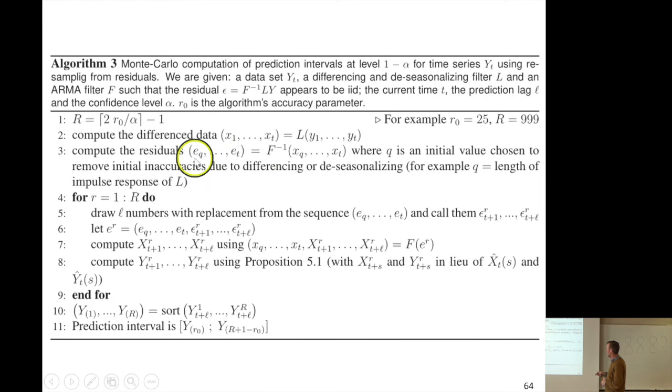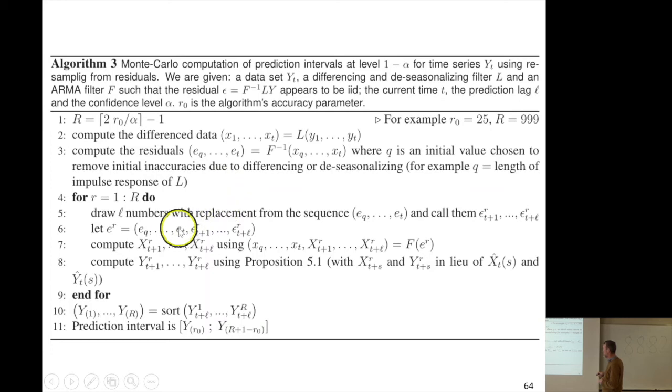So once I have that, I have an estimate of my residuals, and then I do Monte Carlo simulation. I do capital R replay experiments where I replace my simulator by simply drawing from this sequence of residuals. So I draw L numbers from this, I call them epsilon here, right?